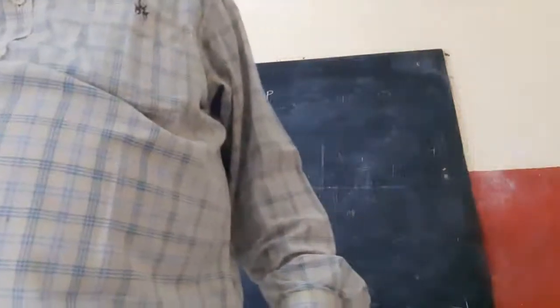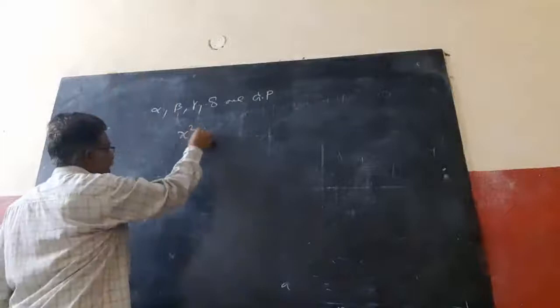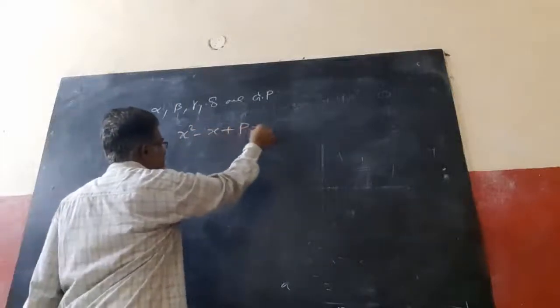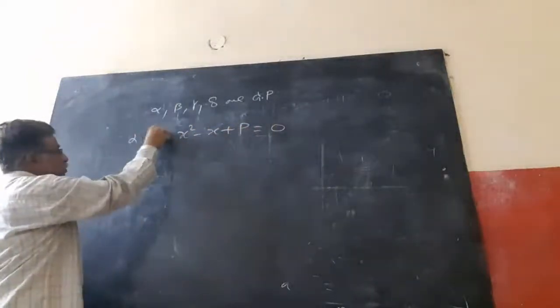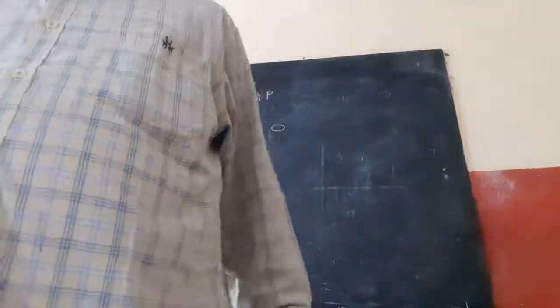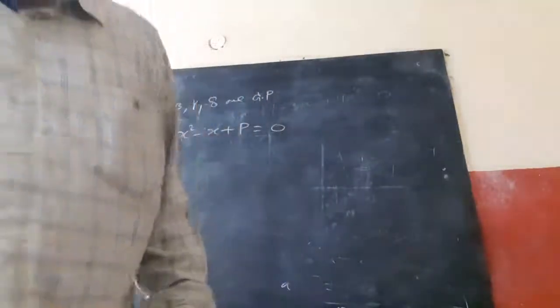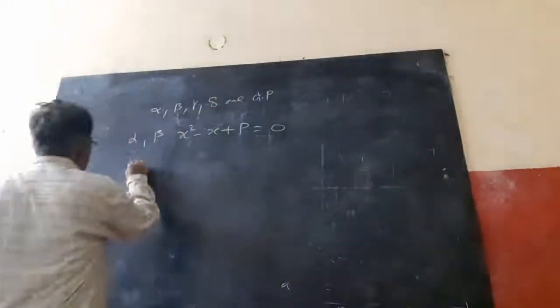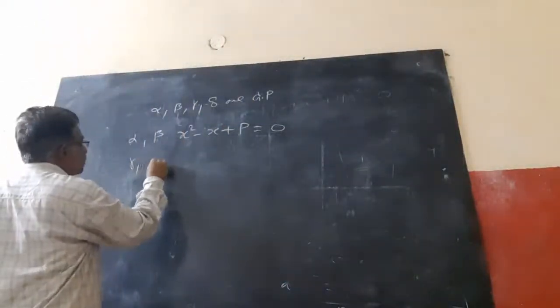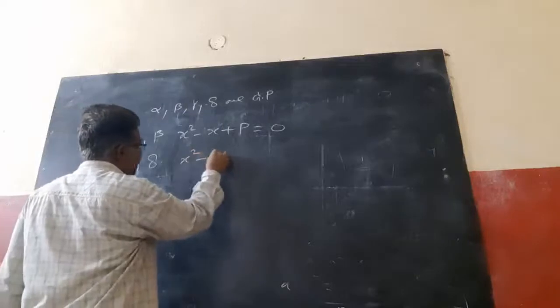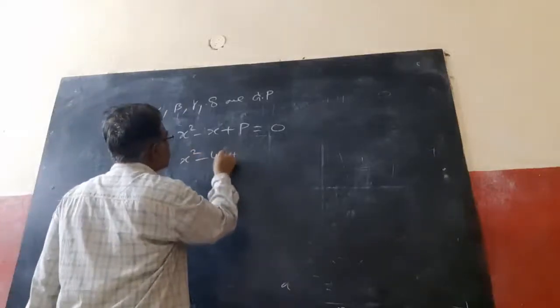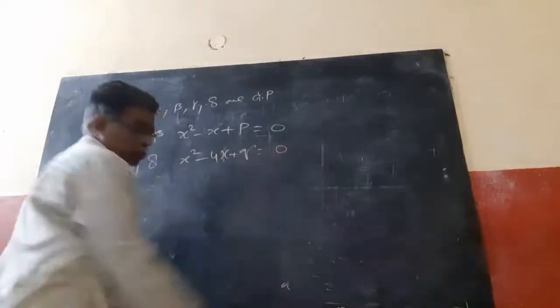So alpha, beta are the roots of x square minus x plus p equal to 0.